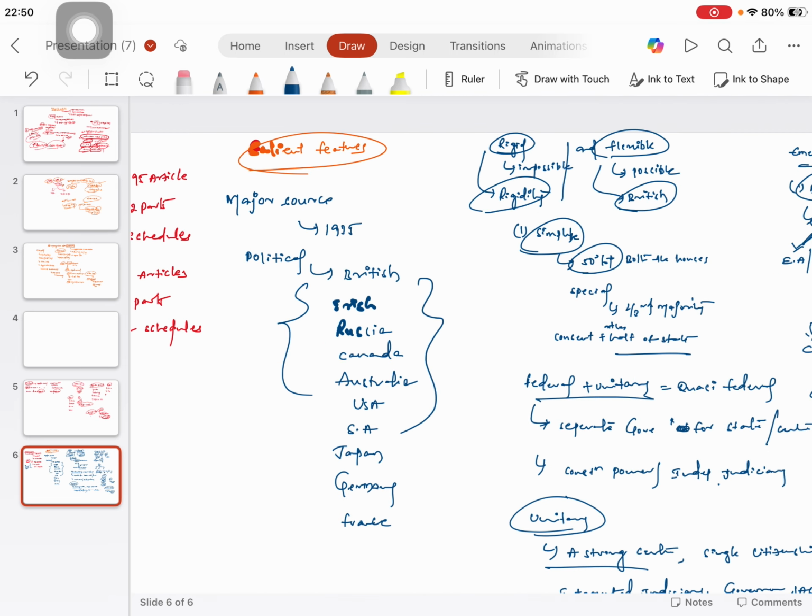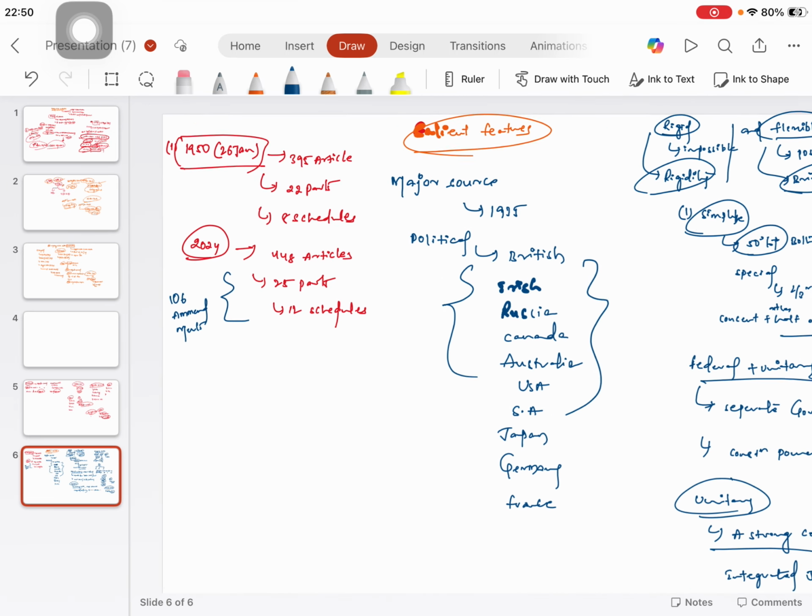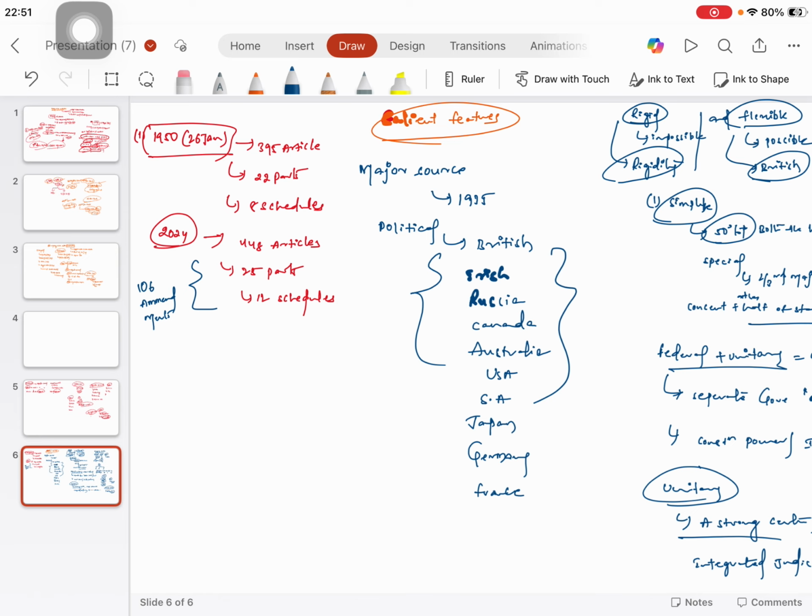Good. Let's do a quick revision. Certain features. During adoption and implementation on 26 January 1950, there were 395 articles, 22 parts and 8 schedules. Up to 2024, there are 448 articles, 25 parts and 12 schedules. Total amendments 106.